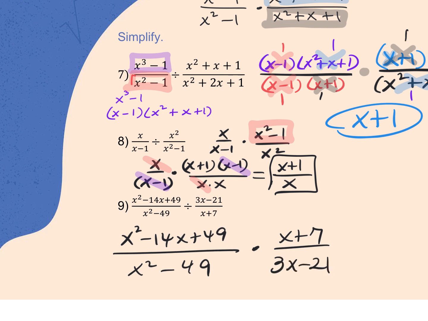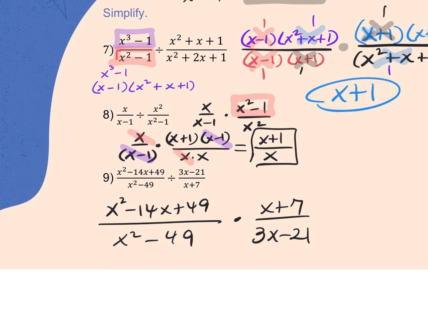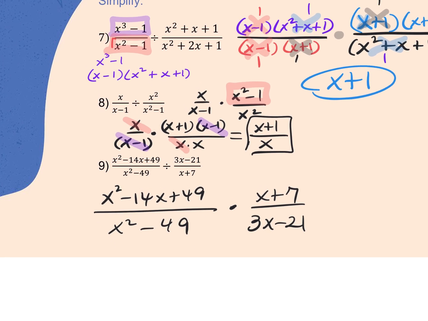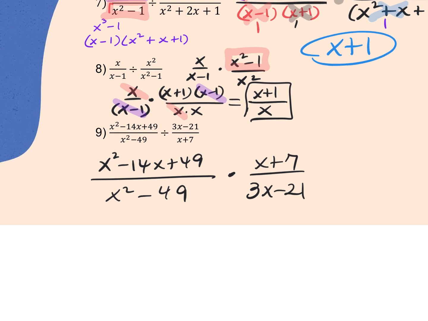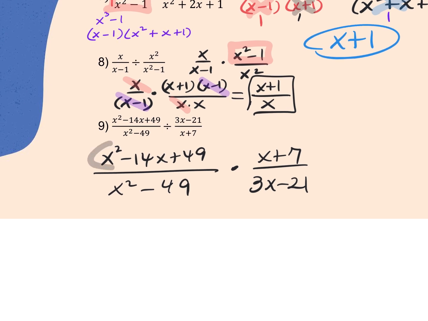So now I begin my factoring process. Now, do not think that you can see this, oh, it's a 49, let me get rid of it. You have to factor. You can't just cancel numbers. So again, treat this as being grouped all together, and then we're going to look for things to factor.